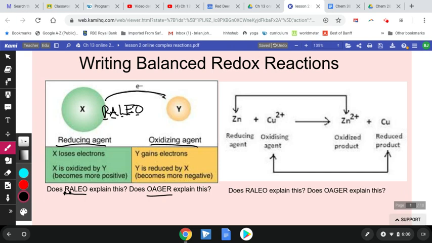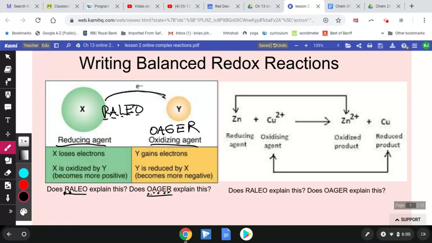And on the other side, the oxidizing agent, Ogre, gains electrons and undergoes reduction, or we can say the oxidizing agent gains electrons, reduced. Some people say reduced in charge because it is becoming more negative.